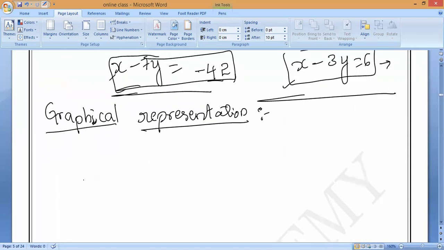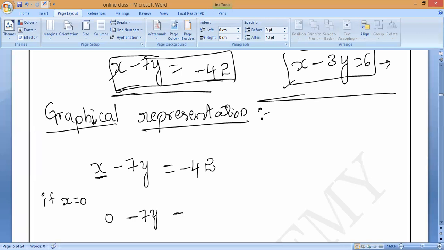Consider the first equation, x minus 7y equal to minus 42. Here we want some points, so substitute the x and y values. If x equal to 0, what is the y value? In place of x, substitute 0. 0 minus 7y equal to minus 42.